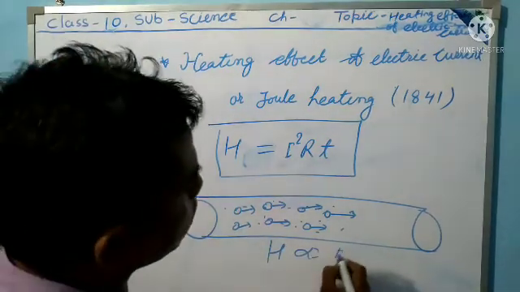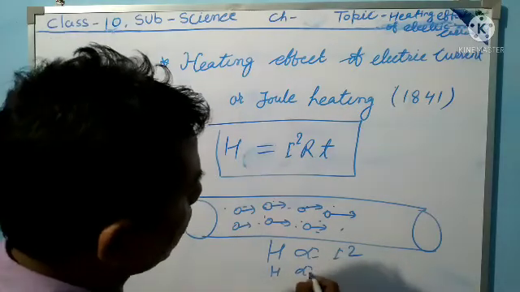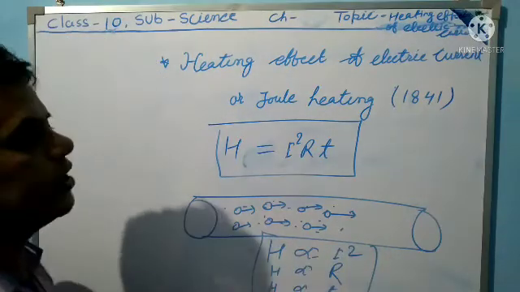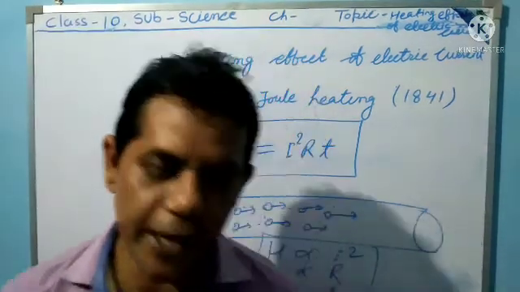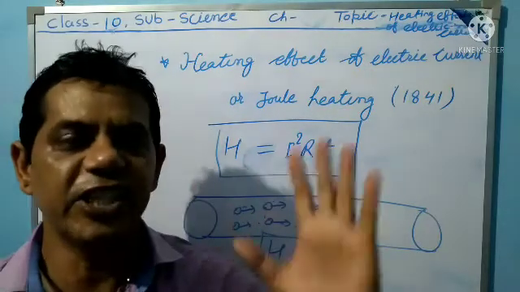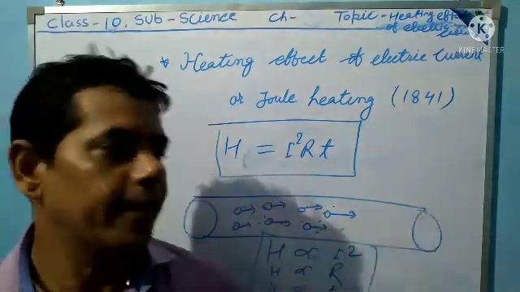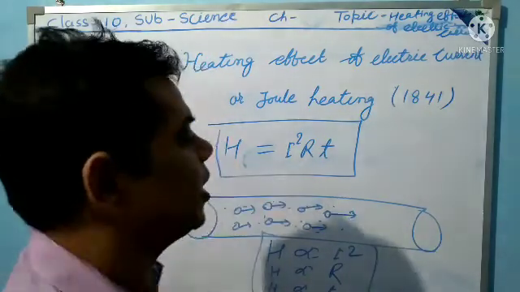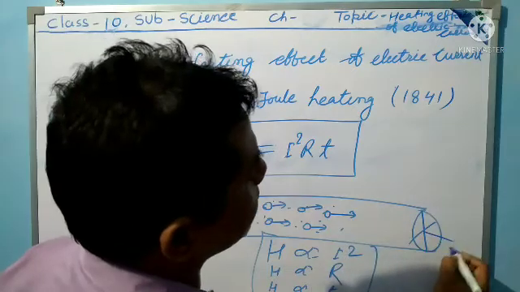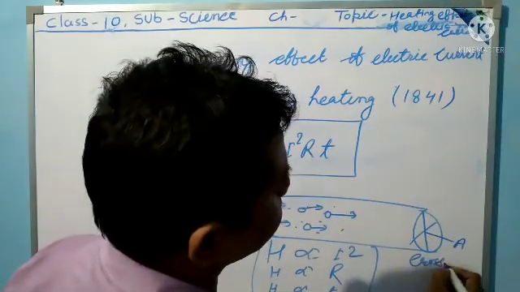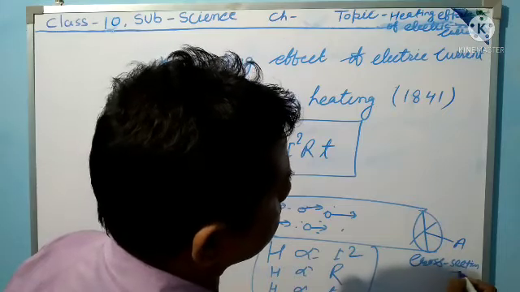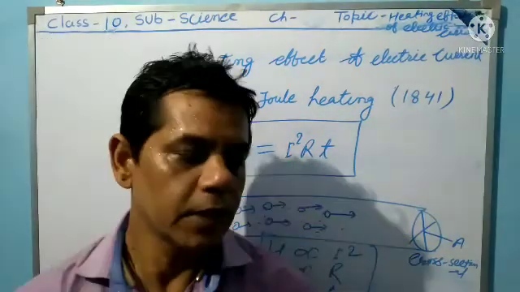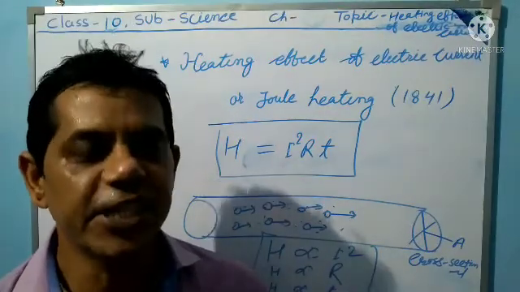H is proportional to I squared, H is proportional to R, and H is proportional to T, so H equals I squared R T, meaning it depends on the current, resistance and time. If the wire's length increases or its cross-sectional area is larger, that is, the wire is thicker, it can sustain more heat.